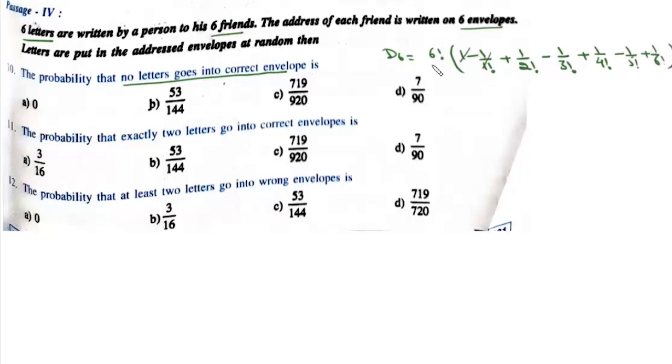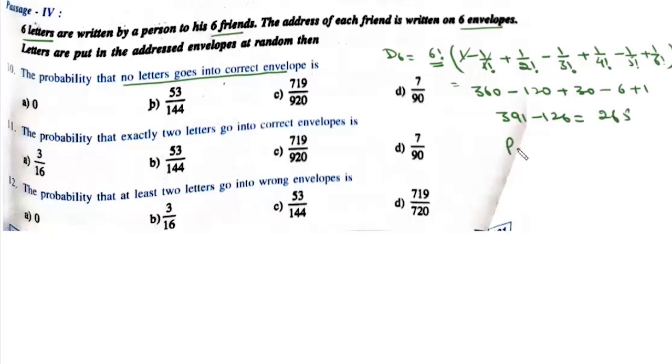Now it will cancel. Now factorial 6 is 720. Now 720 divided by 2 is 360. 360 divided by 3 is 120. 120 divided by 4 is 30. 30 divided by 5 is 6. And this is plus 1. So this value is 391 minus 126, which is 265.